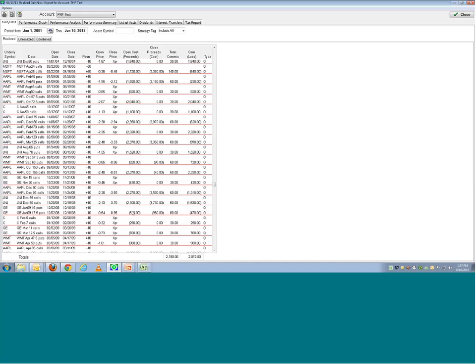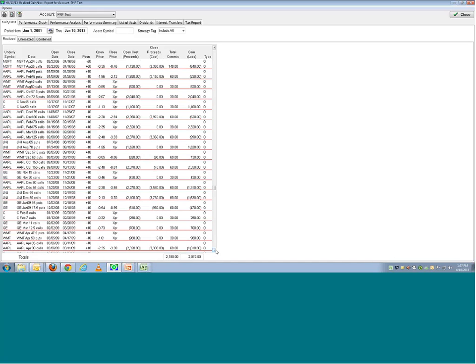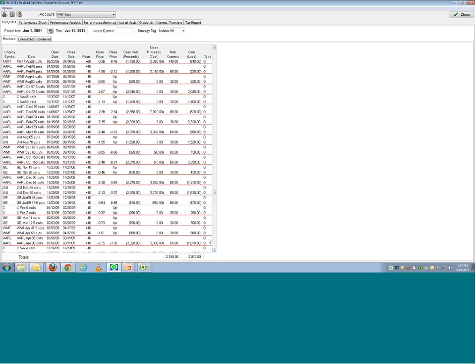Okay, so is that right? I want to make sure I'm reading this right. The amount required to get into the trade, open cost. See, this is the credit, and that's just not right. I'm going to have to create a spreadsheet and calculate the required margin differently.